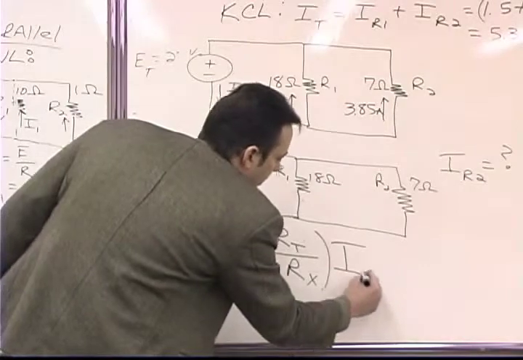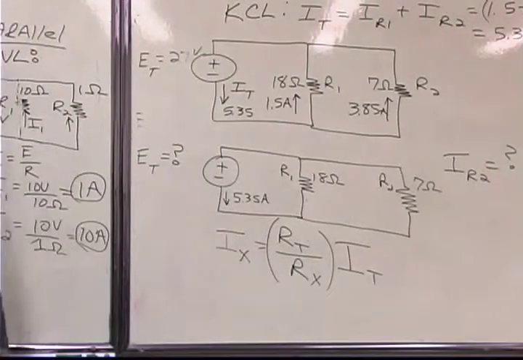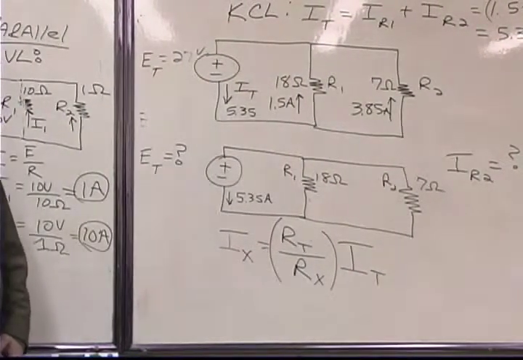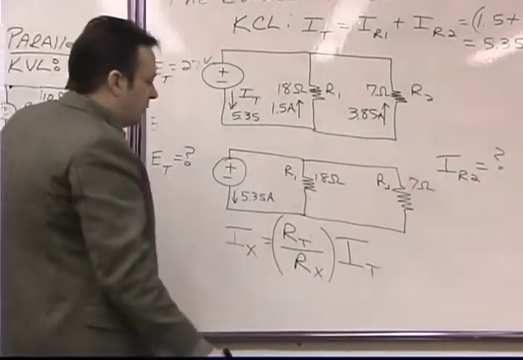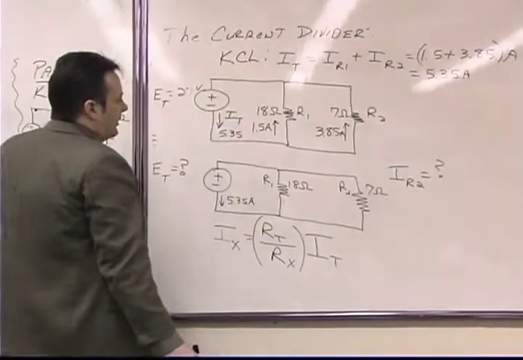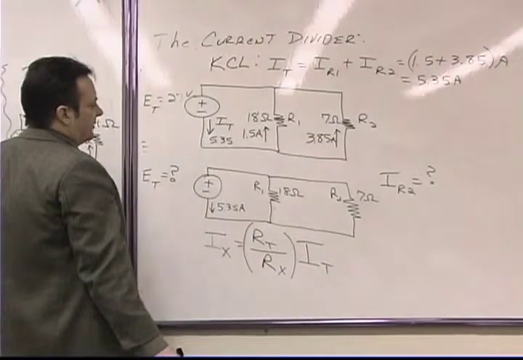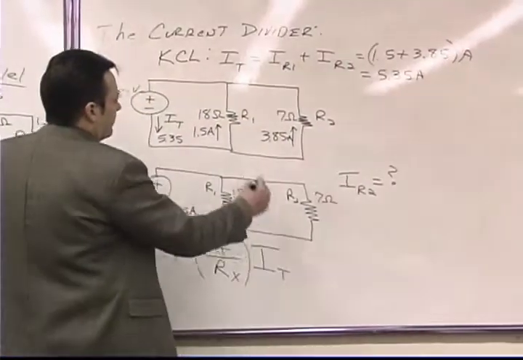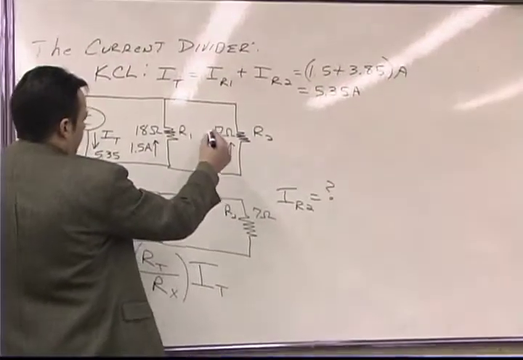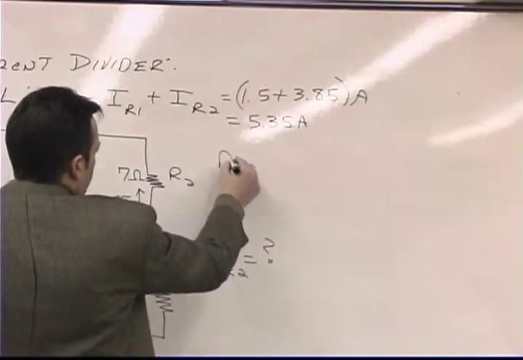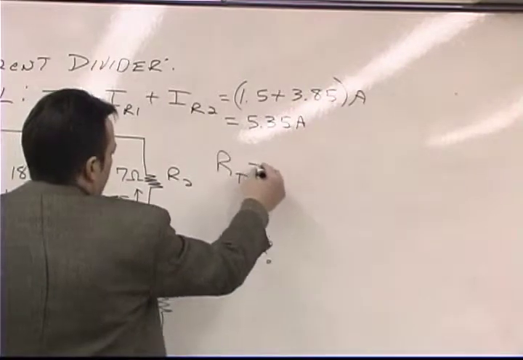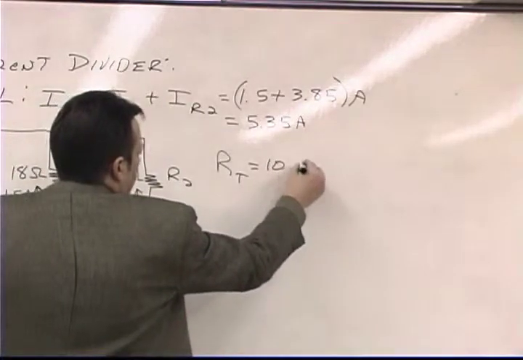The current coming from your battery or from your source of power. So in our particular problem, what is the total parallel resistance? Did we figure that out? For this one? It's 10.8. So our total we found was equal to 10.8 ohms.